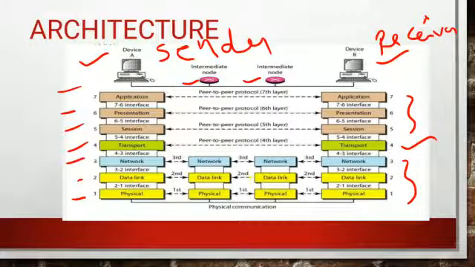That means from the physical layer the data moves to the upper layer, the data link layer, and from the data link layer it reaches the network layer, and from the network layer it reaches the transport layer, and from transport to session, session to presentation, and finally it is received by the application layer. Like that the data is transmitted from one device to another device.